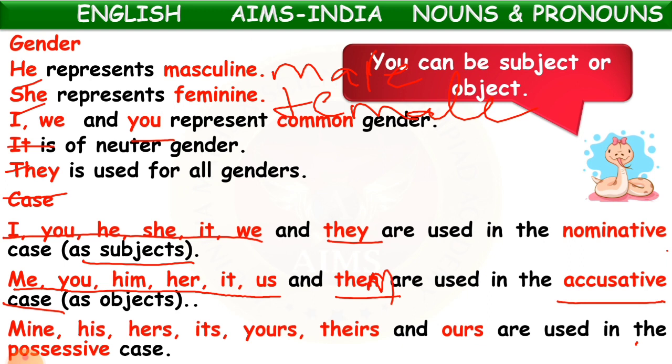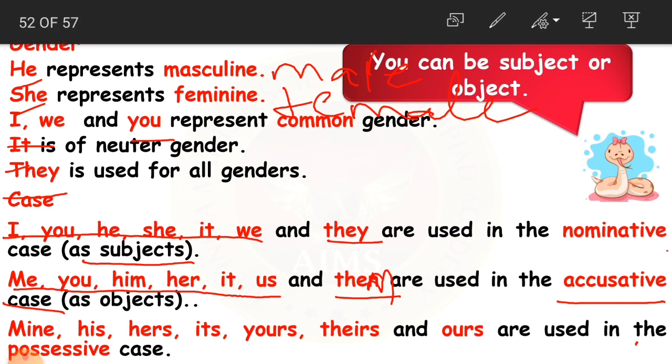So the possessive case we already learnt in nouns also. But did you identify one difference, children? When we used nouns in the possessive case, we marked it with an apostrophe and s, and for plural, an apostrophe after s.